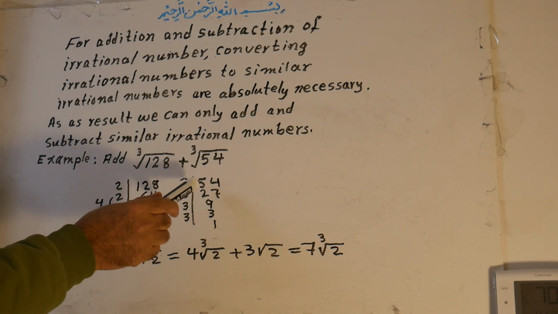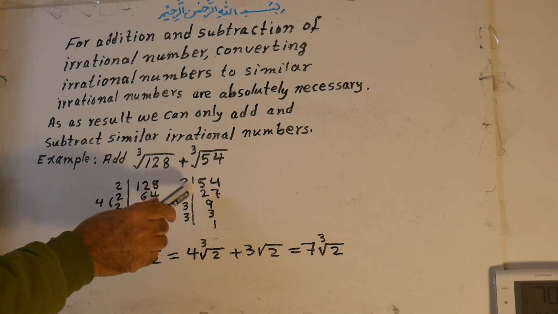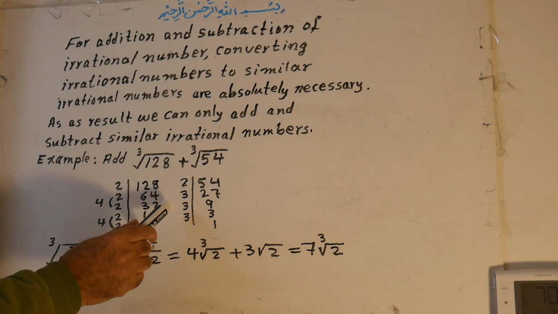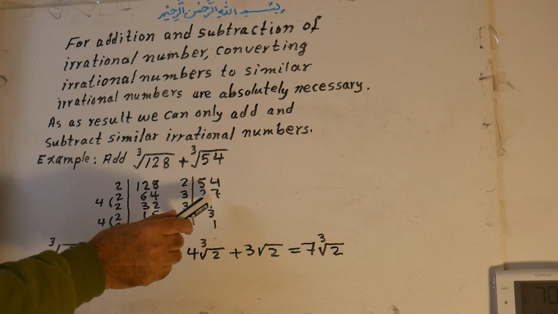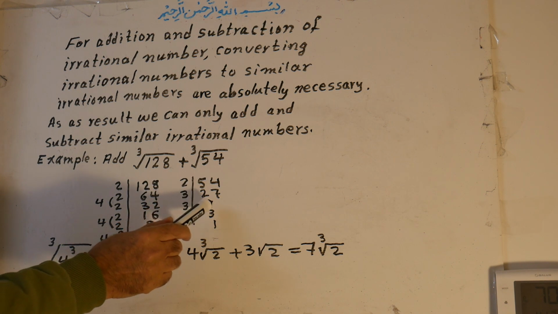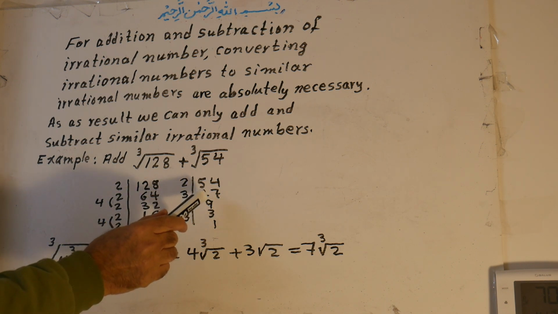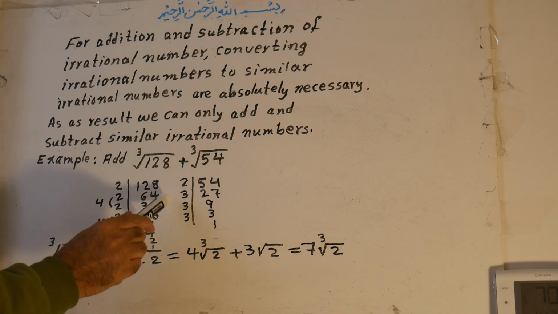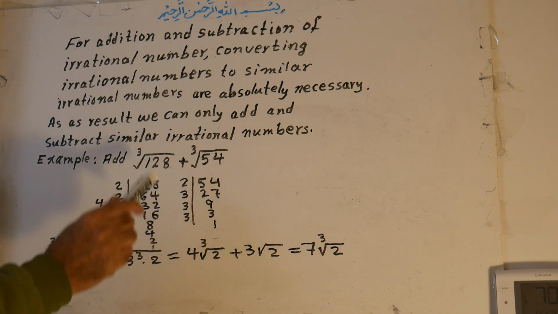And here 54: 2 times 27, and 27 is 9 times 3, 3 times 3 is 9, 3 times 1 is 3. Now 3 times 3, 3 to the power of 3 times 2.